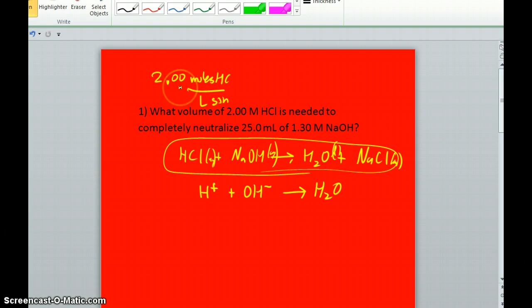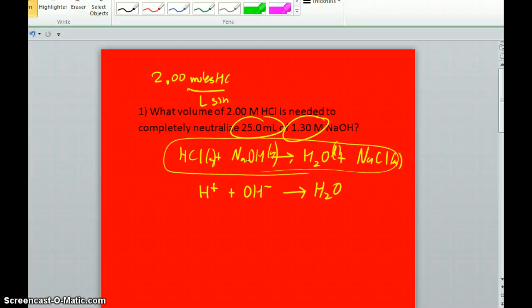What volume of this solution is needed to complete the reaction, to completely neutralize this volume of this molarity of sodium hydroxide? And this is stoichiometry. We're asking how much of this do we need to react all of that, so that none of either is left over. There's no limiting reagent. Both reactants, in a sense, are limiting. They both get consumed completely.